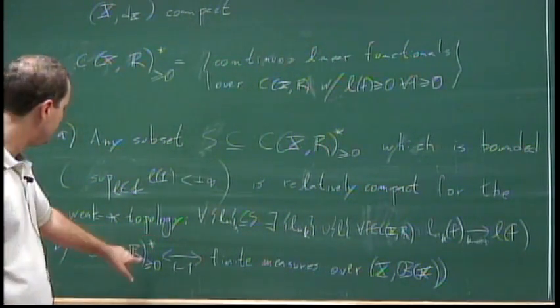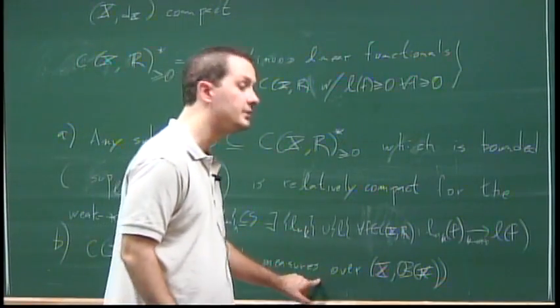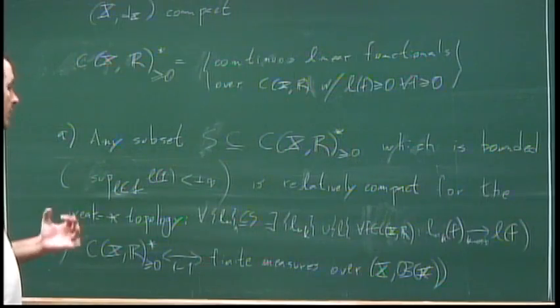It says that if you have a positive linear functional, you have a corresponding positive measure, okay? And vice versa.